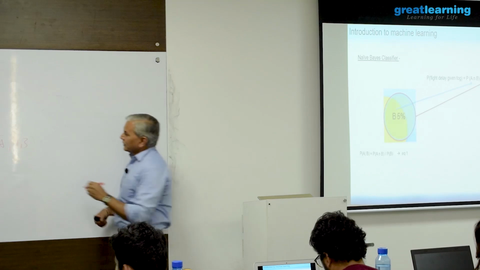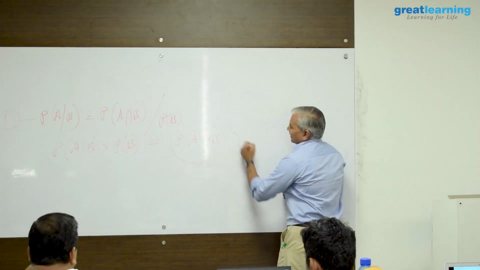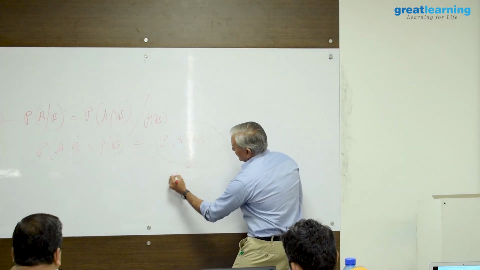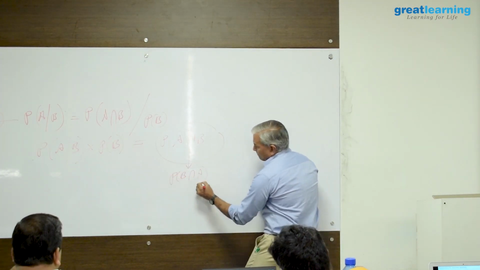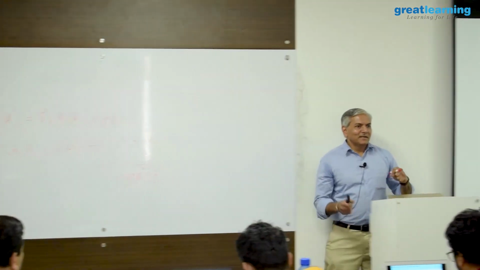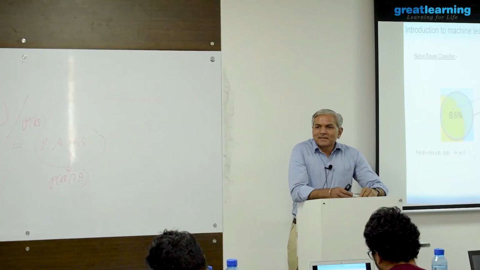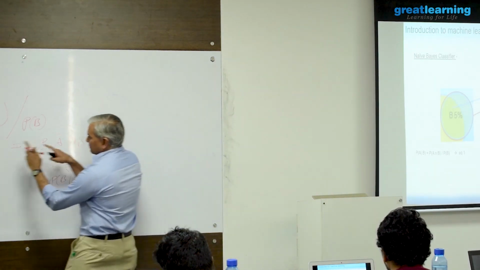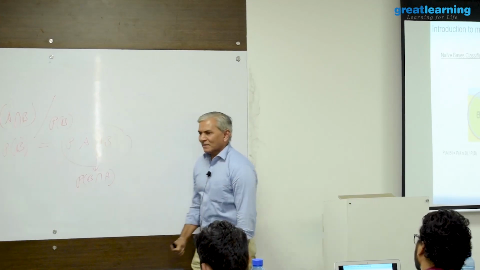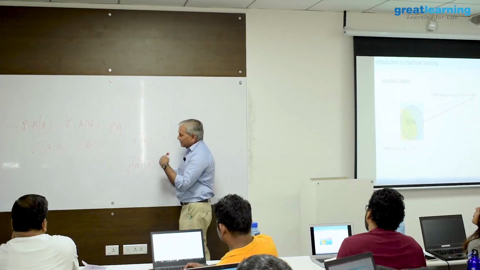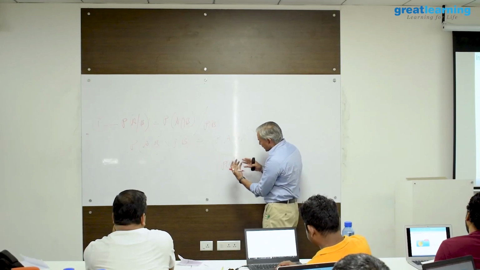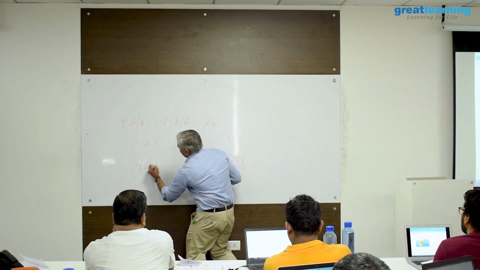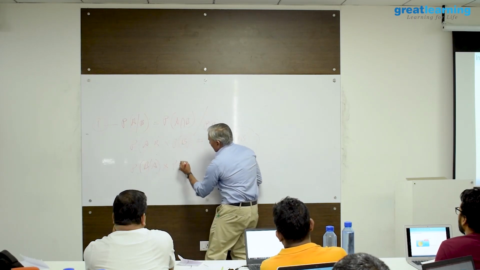Okay. Look at this P(A intersection B). Does it make any difference whether I write this as P(A intersection B) or P(B intersection A)? Does it make any difference? If P(A intersection B) is this, then P(B intersection A), where the numerator is changed and the denominator is changed, becomes P(B given A) into P(A).